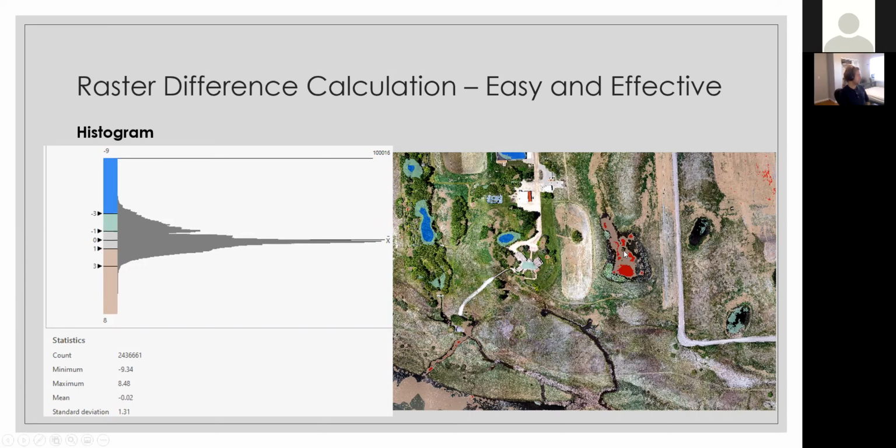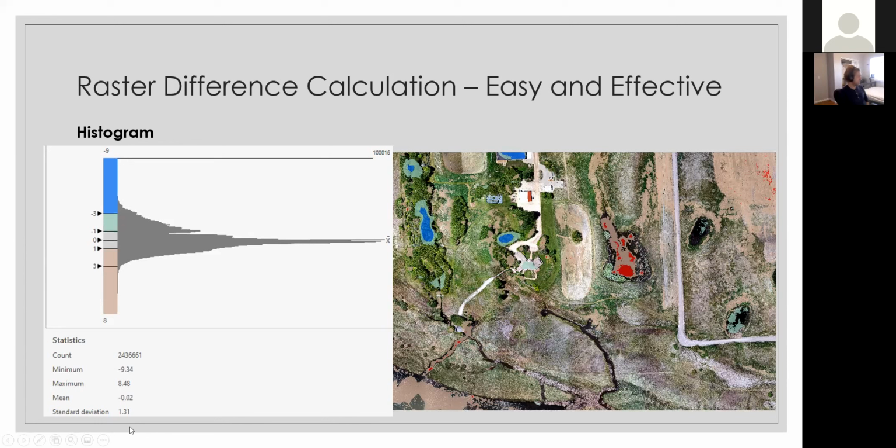So red being areas where the bare earth model was higher, blue being areas where the bare earth model was lower. And then I've got a histogram here, and it basically shows a general approximation of the overlap between the digital terrain model and my bare earth raster.